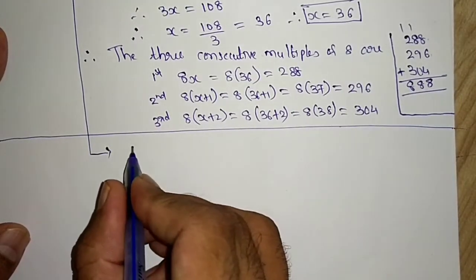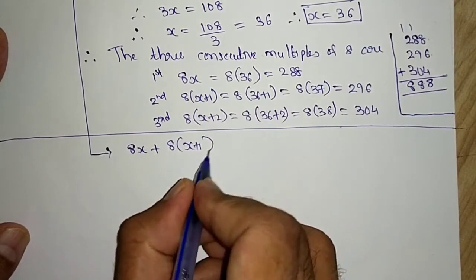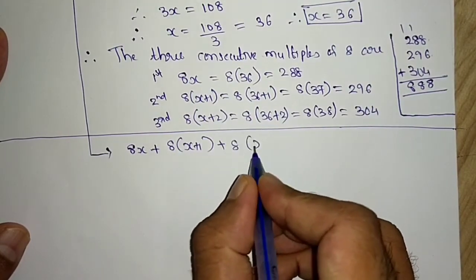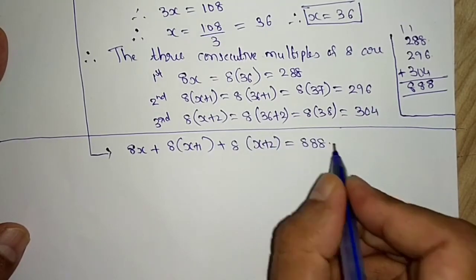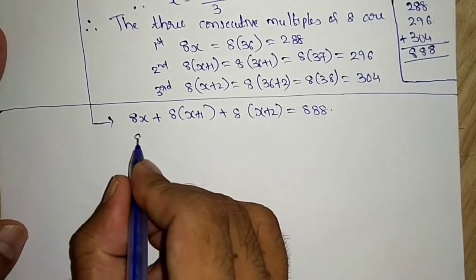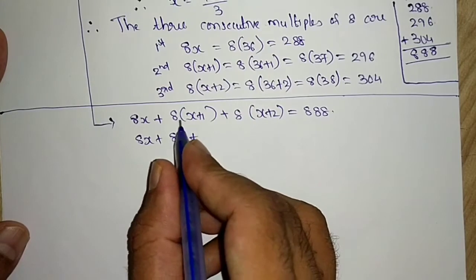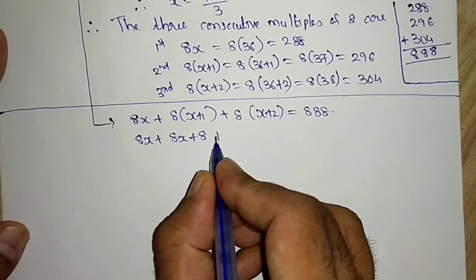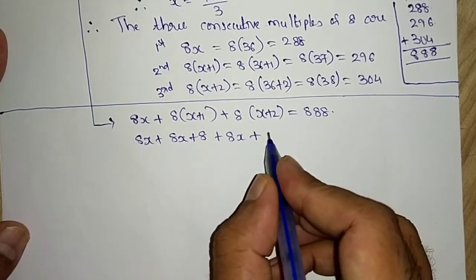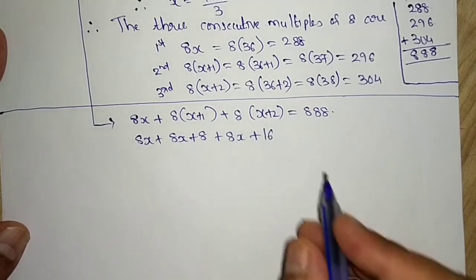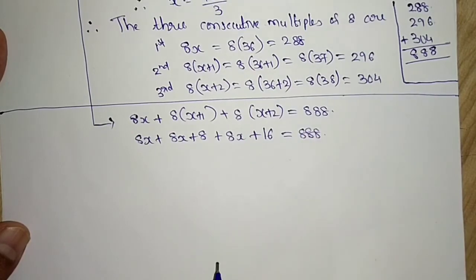So it was 8x plus 8 into x plus 1 plus 8 into x plus 2 is equal to 888. Open the bracket. So you will get 8 into x is 8x, plus 8 ones are 8, plus 8 into x is 8x, plus 8 twos are 16, is equal to 888.